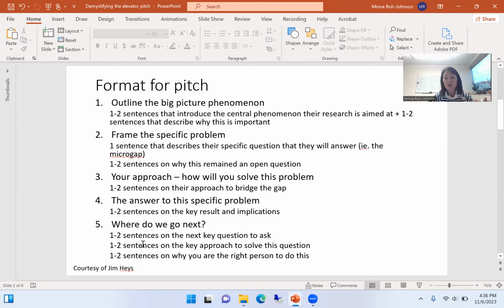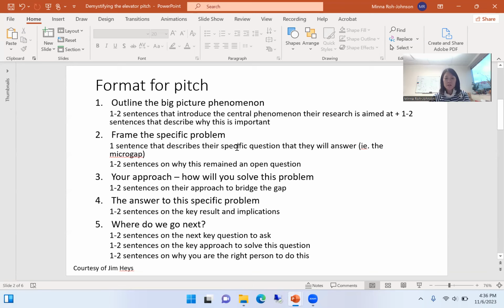And then where do we go next, whether that's the next key question to ask or the next approach you need or a statement on why you're the best person to answer this question. Feel free to write out your elevator pitch that you'll then deliver live. You don't need any slides or anything. You can just have your piece of paper in front of you as you're delivering your pitch to the peers.